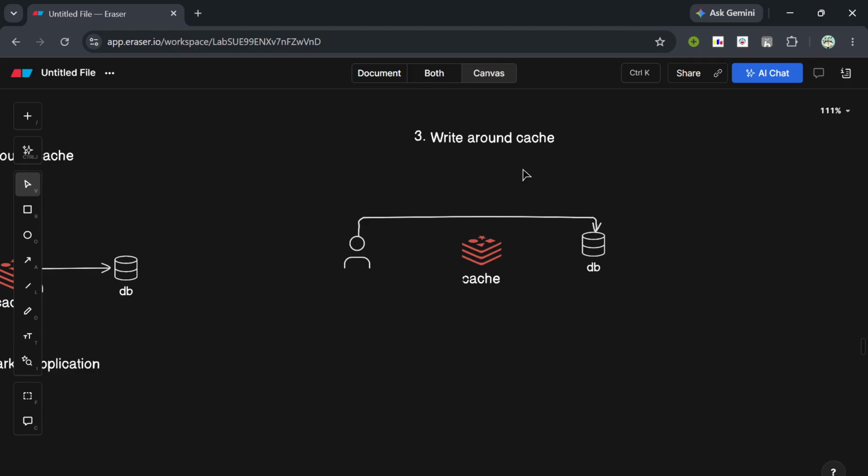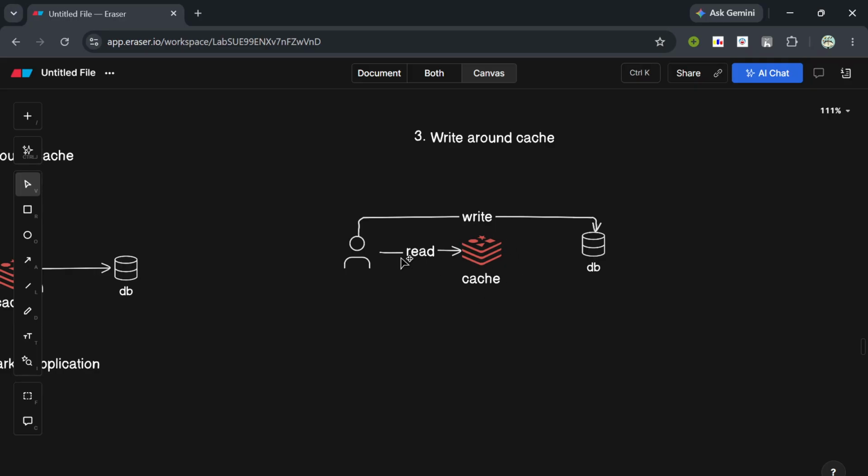So we do it normally, that is, we directly write it in our database. And then whenever we need to retrieve our information, we read it through our cache. So the write operations are directly done in the database and the read operations are done through the cache memory.